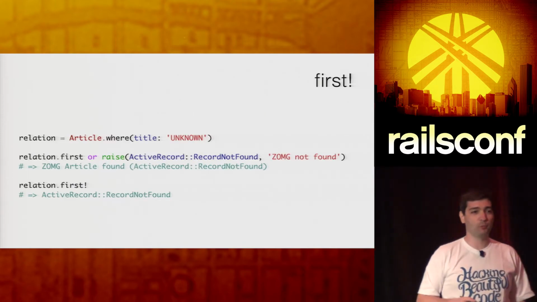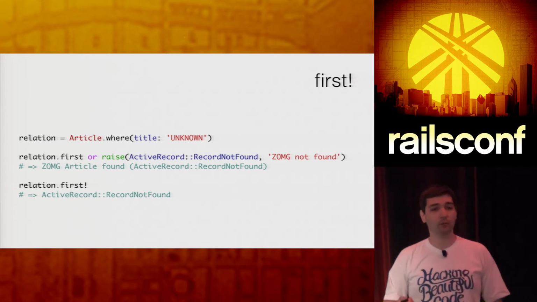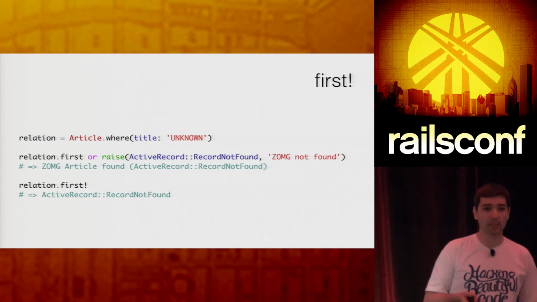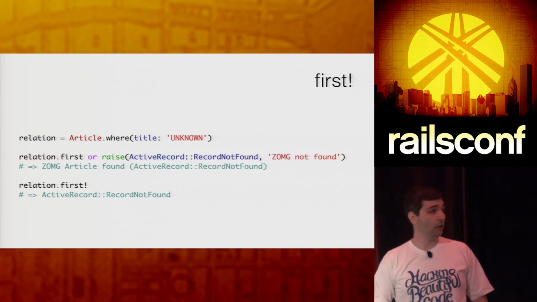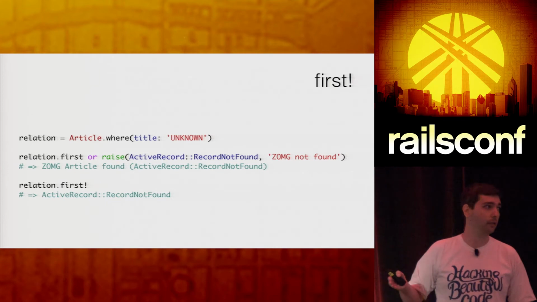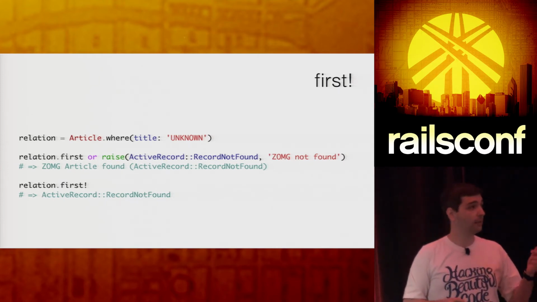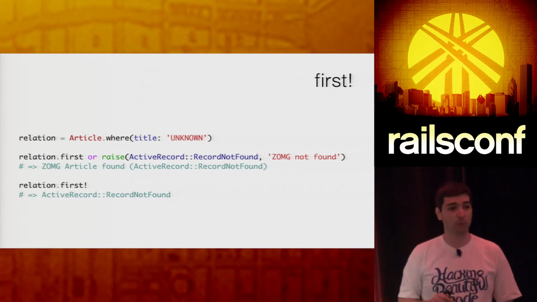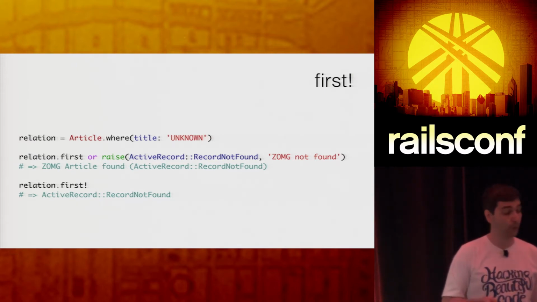This was the lookup-or-raise example. So if you need to grab some record from your database based on some condition, like where title equals something, you can either grab it or raise an ActiveRecord::RecordNotFound error, right? So Rails has this little action called first with an exclamation mark, where it's going to raise the RecordNotFound error for you.